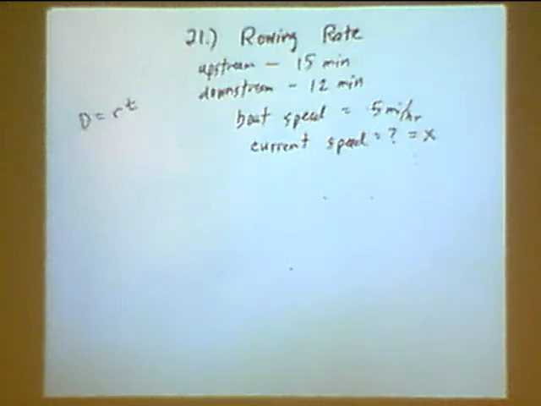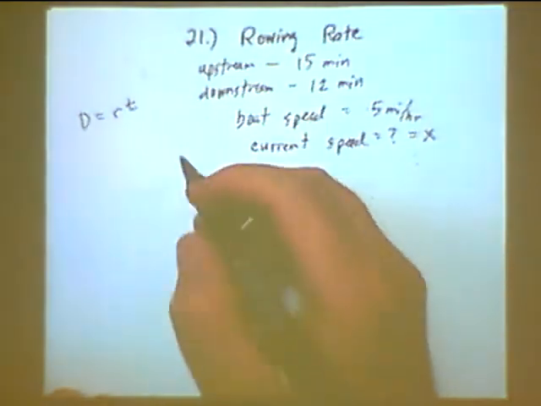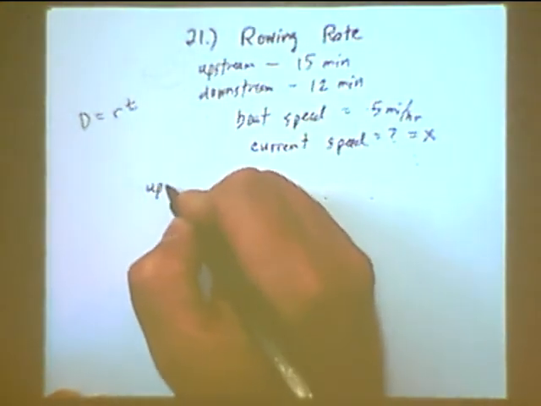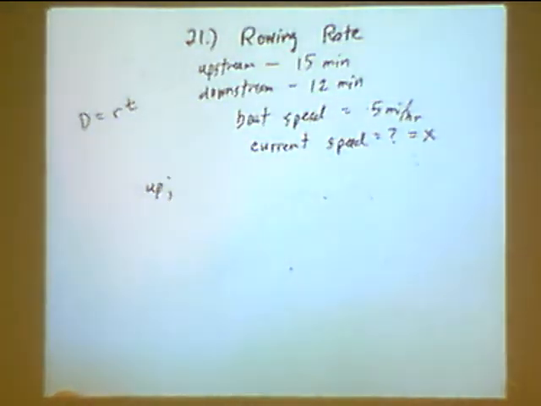Now for these rowing problems, I always find it easiest to write two equations. First, I look at the situation going upstream, and I write an equation using the distance equals rate times time, and then I turn around and try and write another equation for downstream.